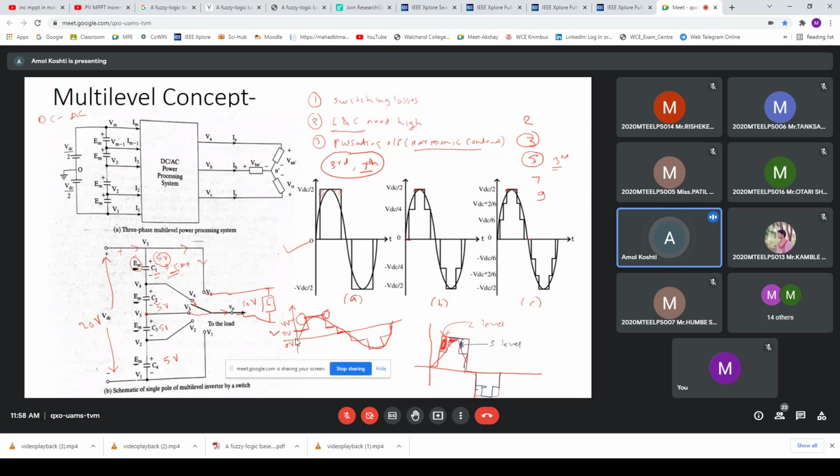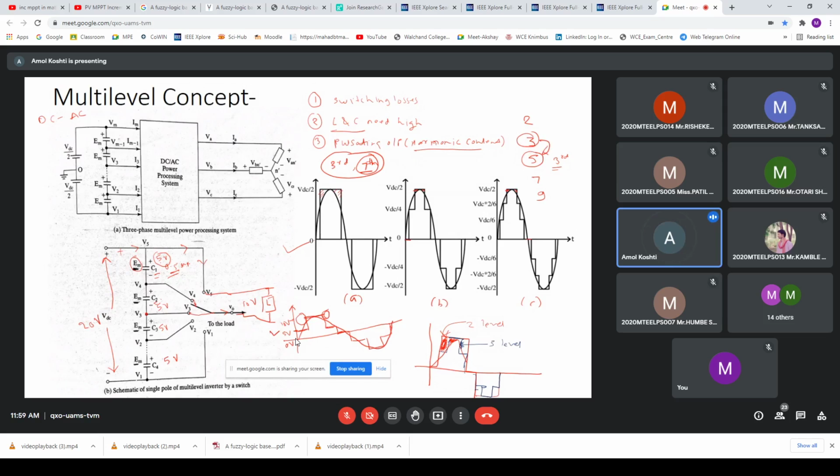Then you have to design the filter only to eliminate the third harmonic from the system. You don't design for the seventh or any other harmonic. So obviously one component, this seventh harmonic, is by default eliminated from your output when you shift from 2 to 5.